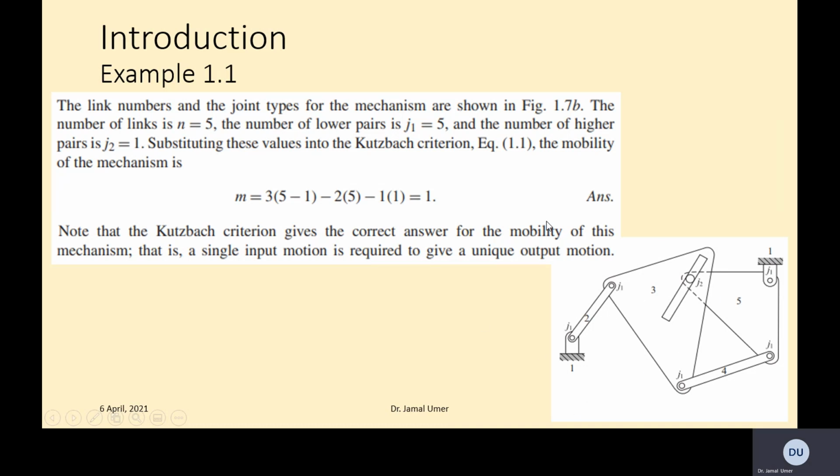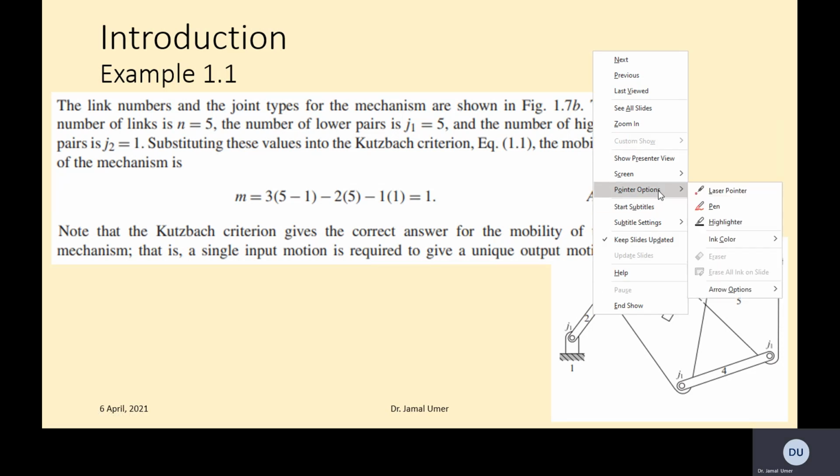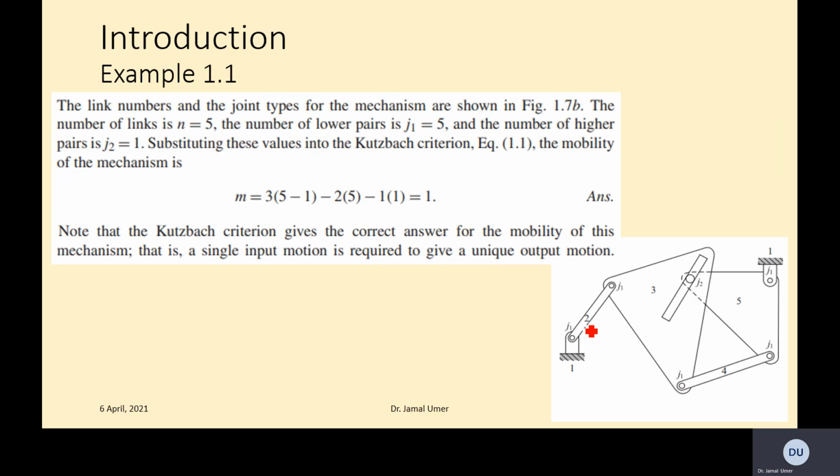The static part is considered as one link. This is link 1, this is link 2, this is link 3, this is link 4, this is link 5. That's it, so we have 5 links here.